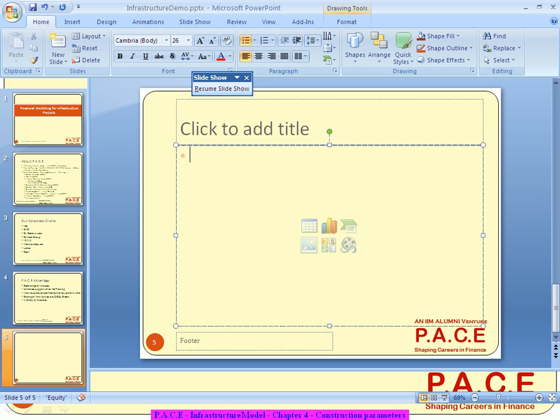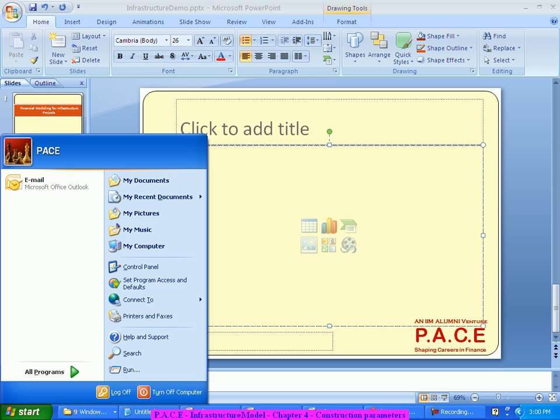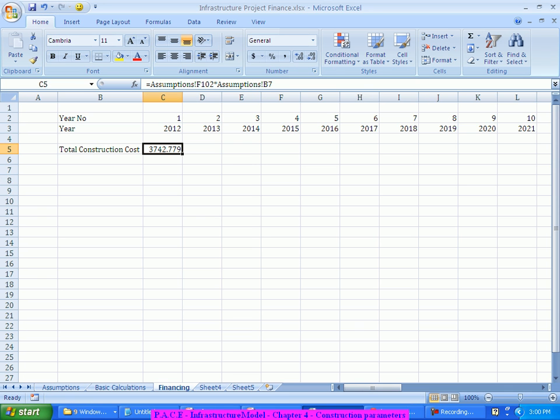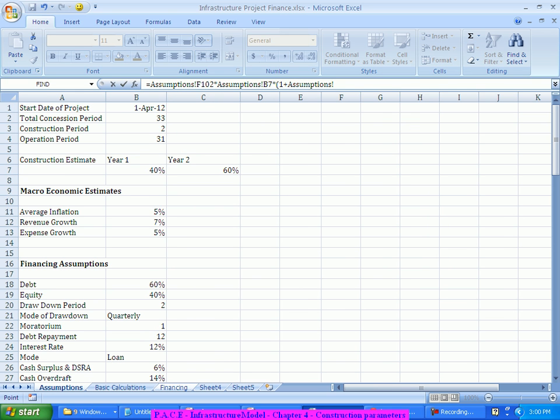So what I'll simply do is, here instead of simply multiplying these two, I'll also multiply it with 1 plus whatever we have made as an inflation based assumption. This is what we called as average inflation. I am putting dollars for all, to the power year number minus 1.